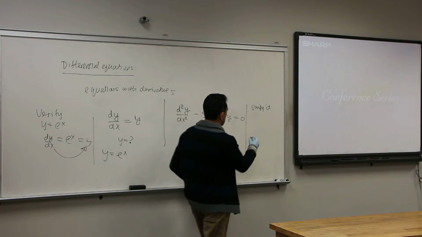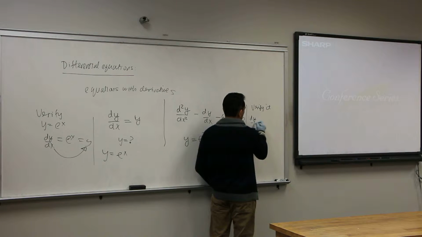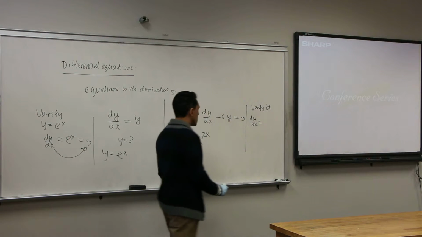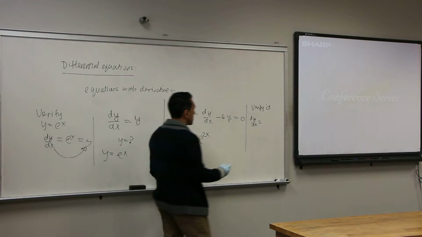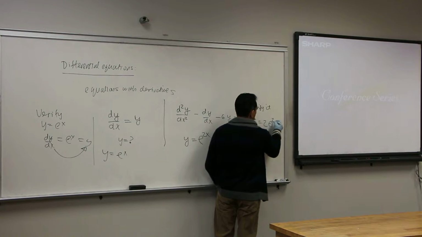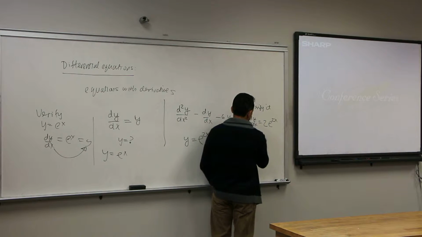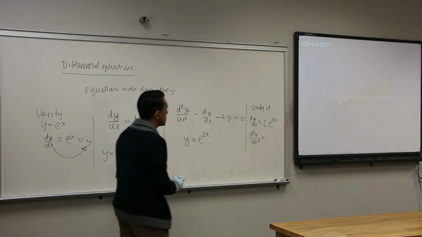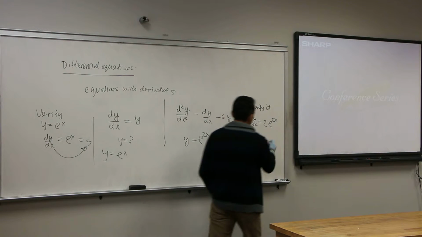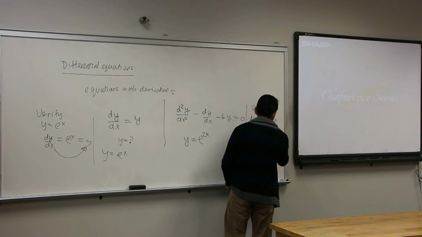Okay. So what is the first derivative? 2 e to the 2x. And what is the second derivative? 4 e to the 2x.